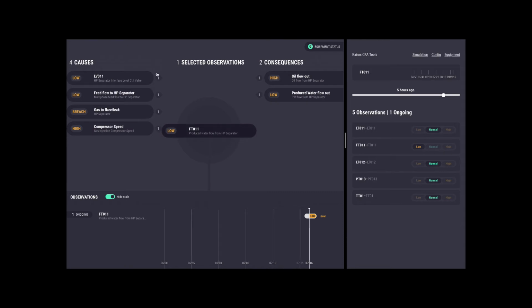So currently we only have one observation, so we only have one supporting observation for each cause that the control room assistant presents us.